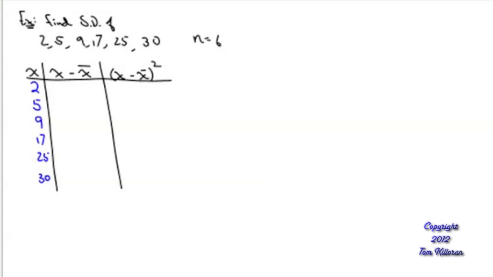Because that's how many there are. N equals 6, the cardinal number. So, what is 2 plus 5 plus 9 plus 17 plus 25 plus 30? 88. And you're going to divide by 6. This will give us our x bar, and this equals 14.7.